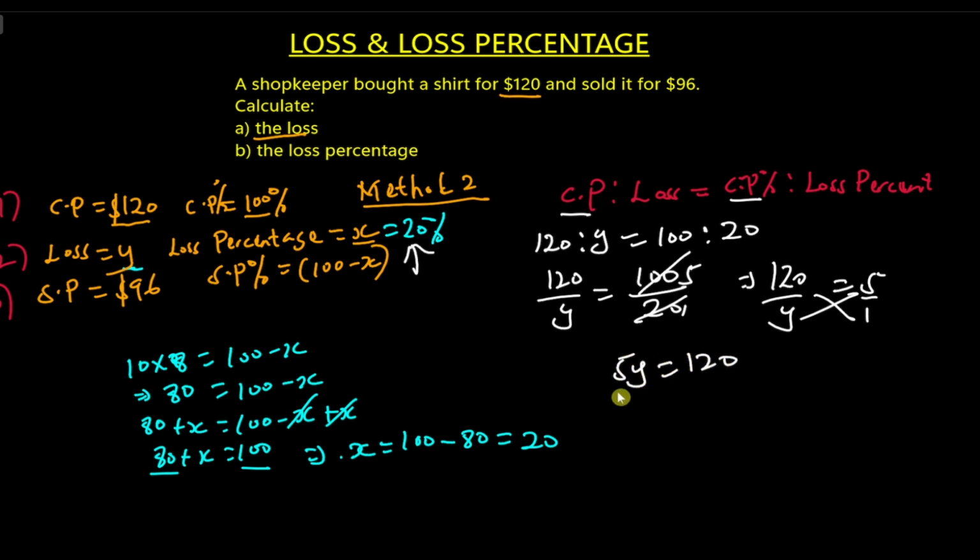Now the 5 multiplies, so we have 5y, which is equal to 120, and then we divide both sides by 5.